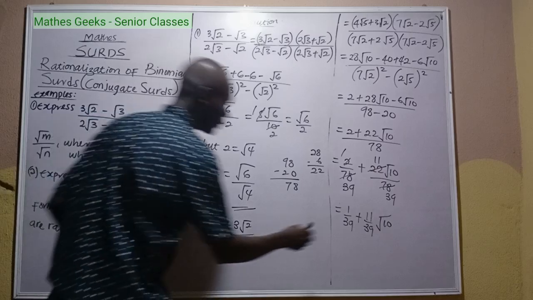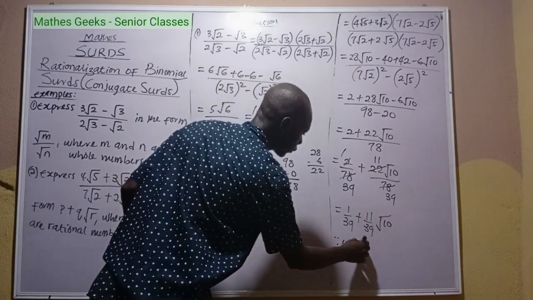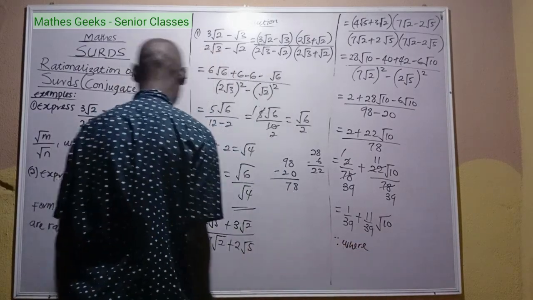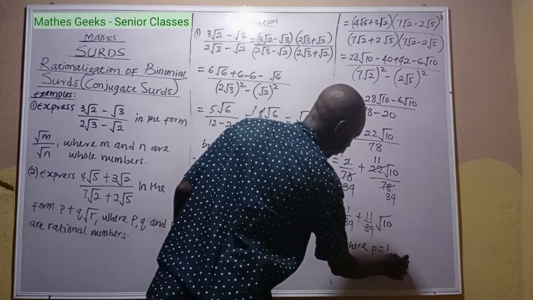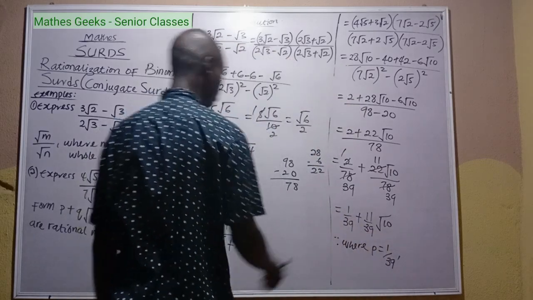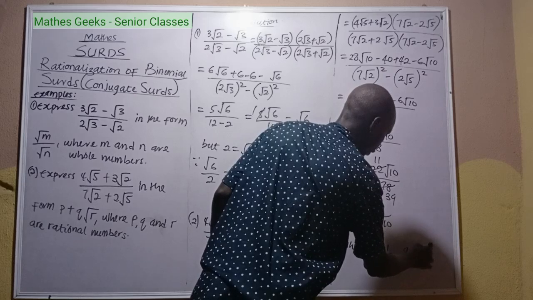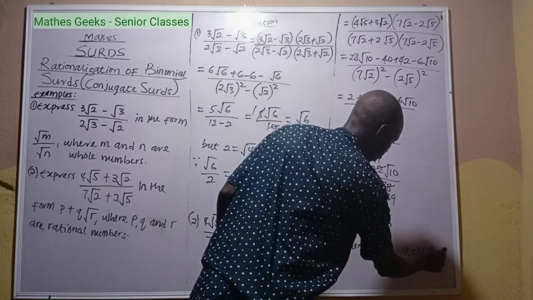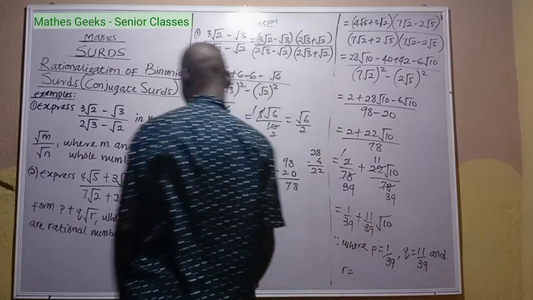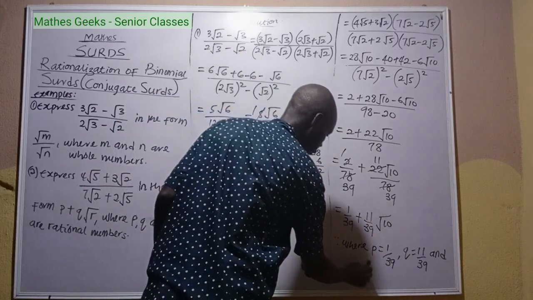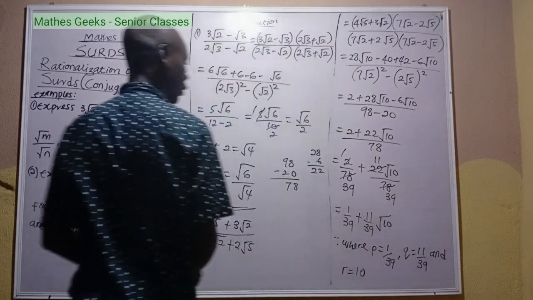Therefore P is 1 over 39, Q is 11 over 39, and R is equal to 10. So that's the final answer.